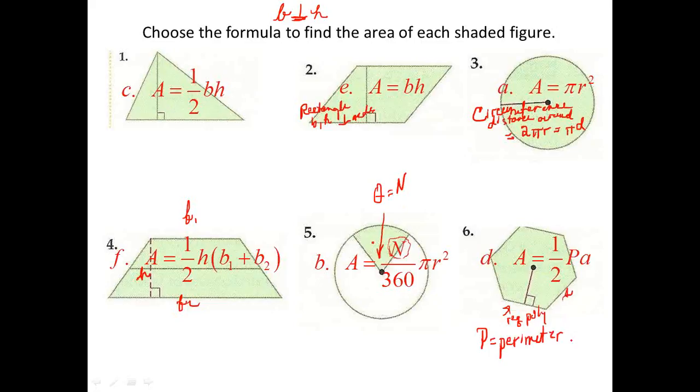So if this is a side, you would say it is the N times the number of sides. And the apothem is perpendicular to a side from the center. And this would be the apothem right there.